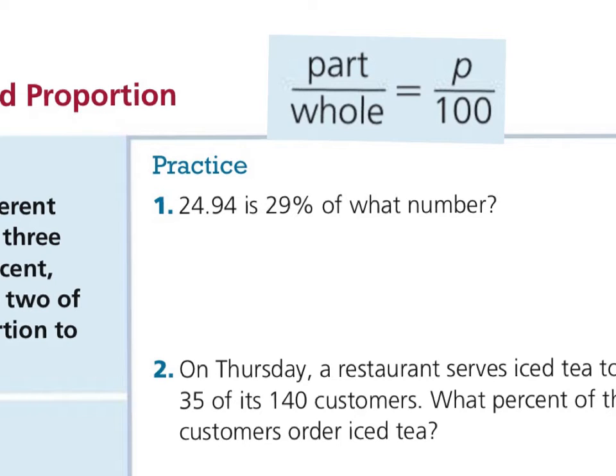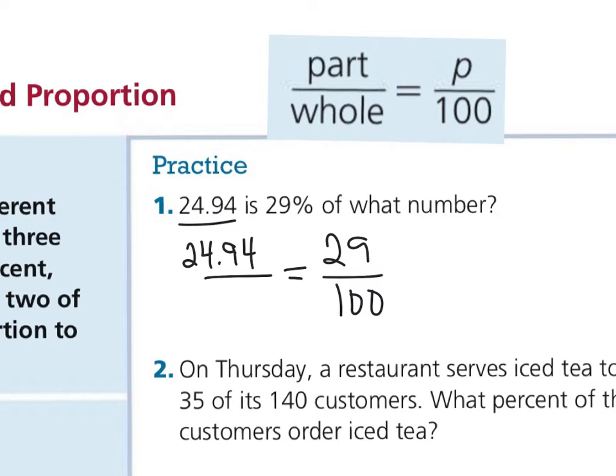So if we set up a proportion, first of all, 29% we know is 29 over 100. And then the 24 and 94 hundredths, that's our part. It's the part of something that we're trying to find. So whatever variable you want to put there.